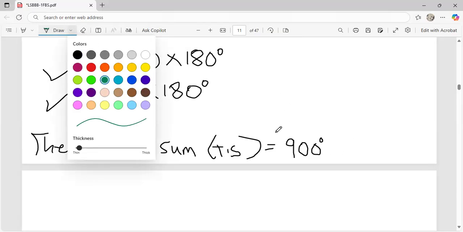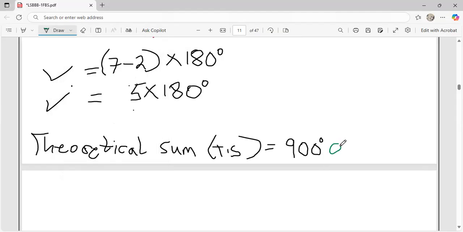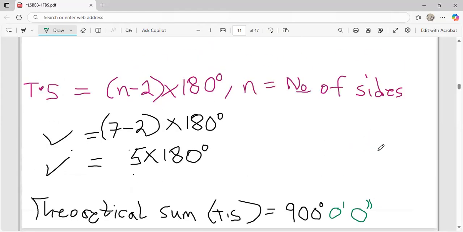In the physics world, it has 0 minutes and 0 seconds attached. You just can't see it. You can choose to add it or ignore it, but if it is added, it tells the examiner that you really understand what you are doing.